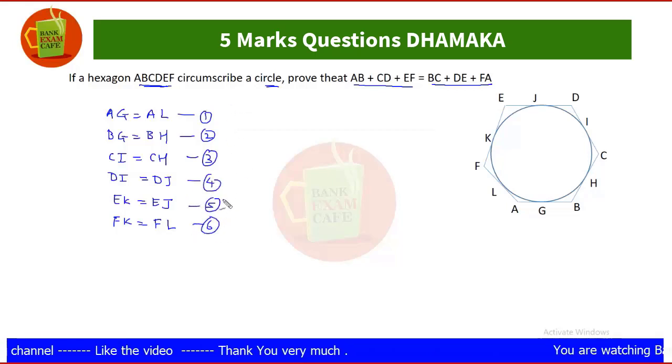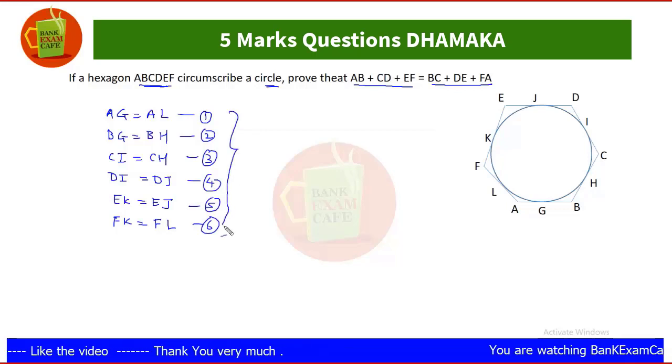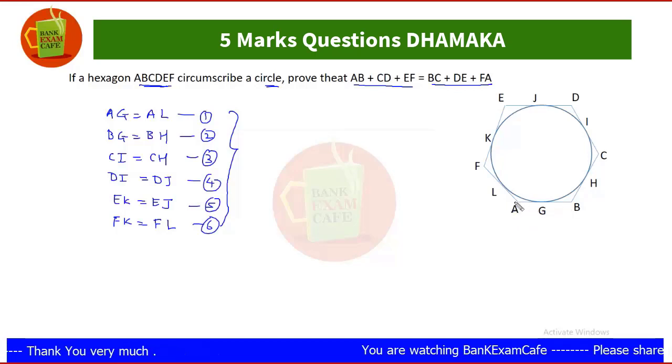And the reason for all these 6 will be the tangents drawn from the exterior point of a circle are equal.